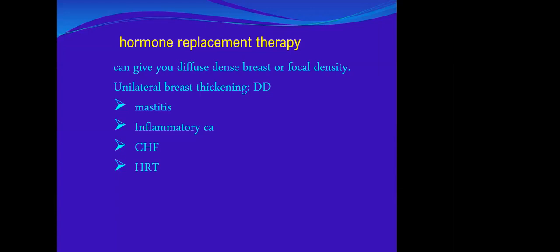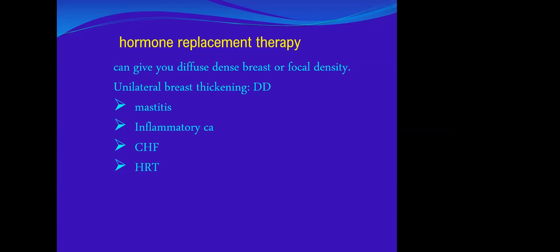When it is focal or unilateral, it results in a challenging problem, especially in the elderly woman. And as we mentioned, ask the patient to discontinue the hormonal replacement and repeat the mammogram. If it doesn't resolve, then proceed for biopsy to exclude malignancy.